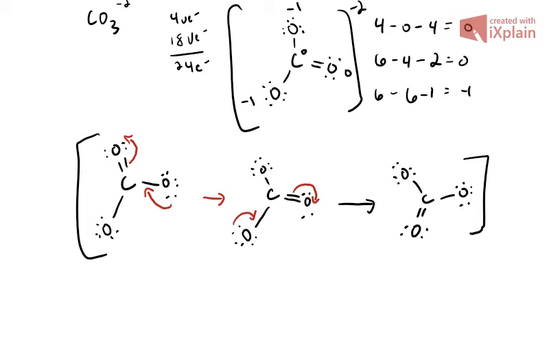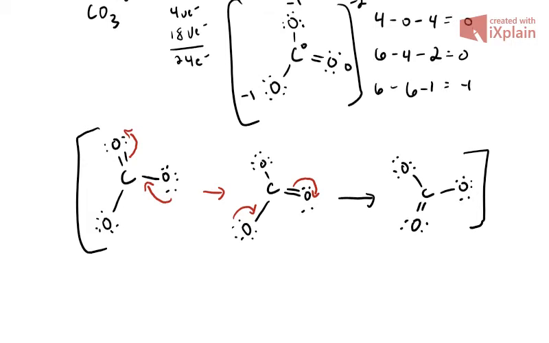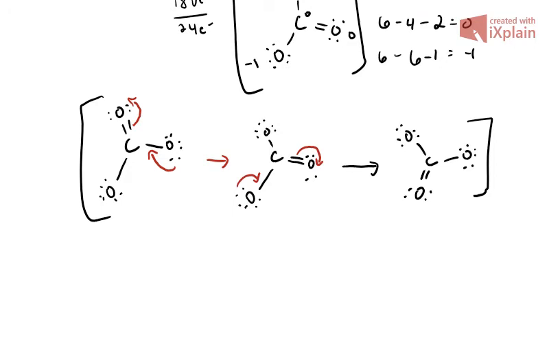However, in reality, since that double bond can be on any one of those oxygens, the molecule looks more like this.